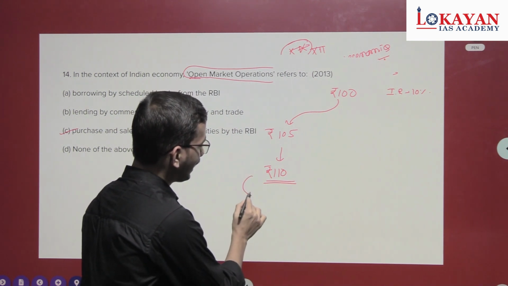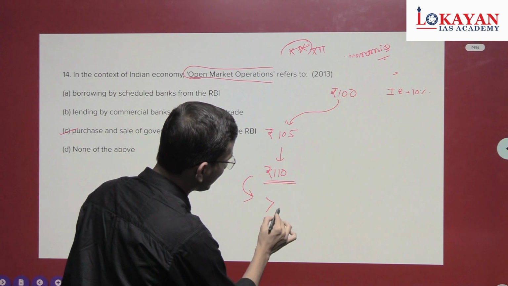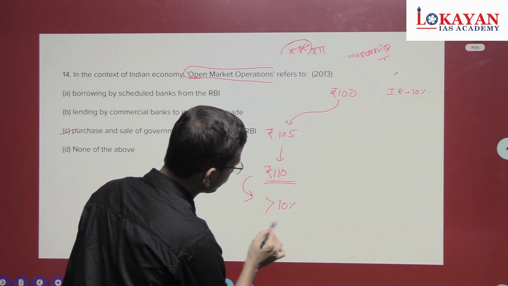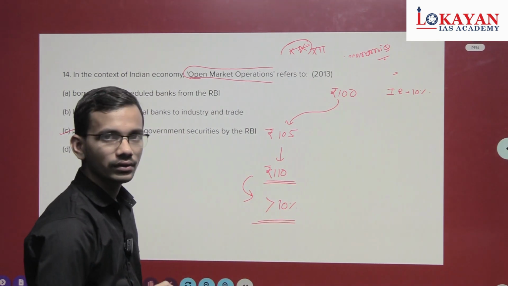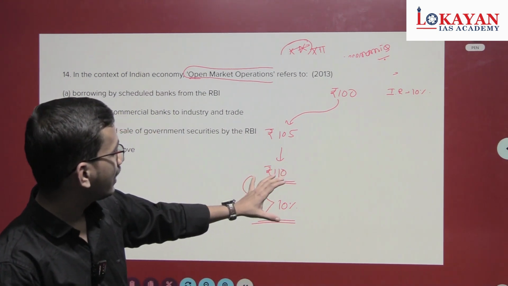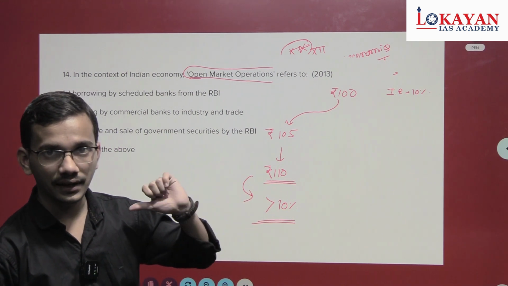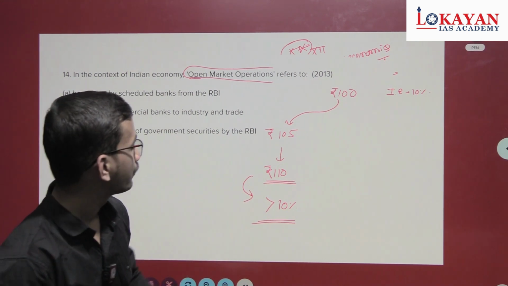So the actual interest rate he is getting is less than 10%, because he is getting an extra 5 rupees instead of an extra 10 rupees which I would have got.